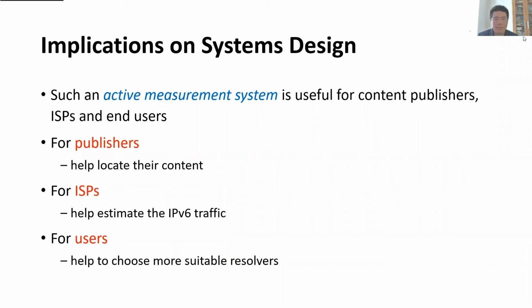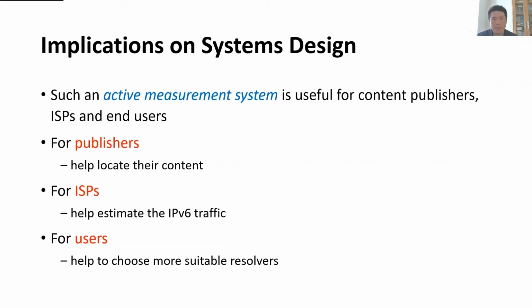Such an active measurement system is useful for content publishers, ISPs, and end users. Many CDNs are being upgraded for better IPv6 support. However, if quality queries frequently fail, then the content publisher should be careful to use such CDN IPv6 service. Therefore, it is useful for publishers to know in advance which resolvers do not support quality queries.